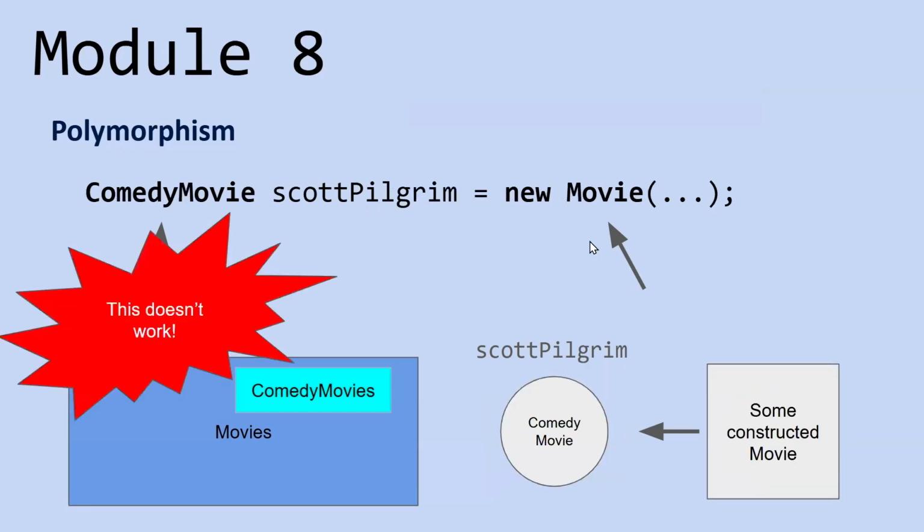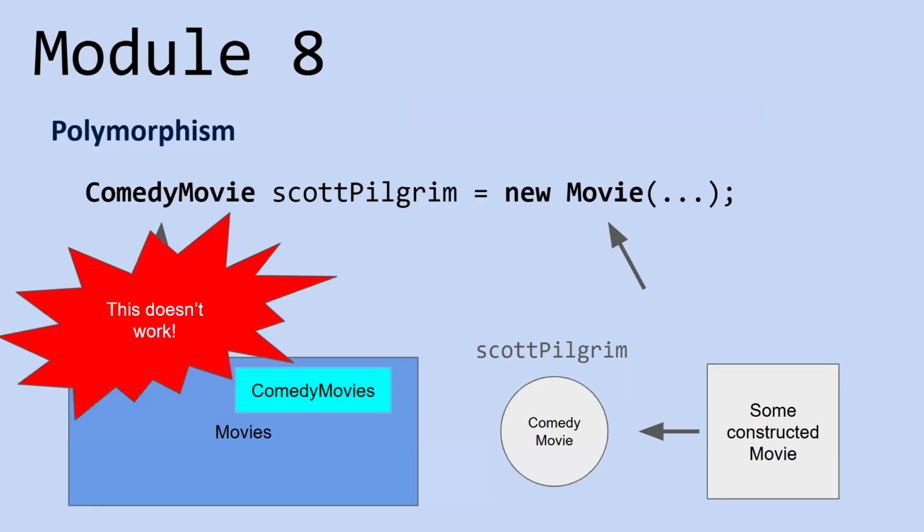But let's say we tried to do it the other way around. Comedy movie Scott Pilgrim equals new movie and the parameters that the movie class takes. Well, not all movies are comedy movies. We can think of the movie category as way more broad than the comedy movie category, so we can't put something that's more broad into a narrower category. That just doesn't make sense.